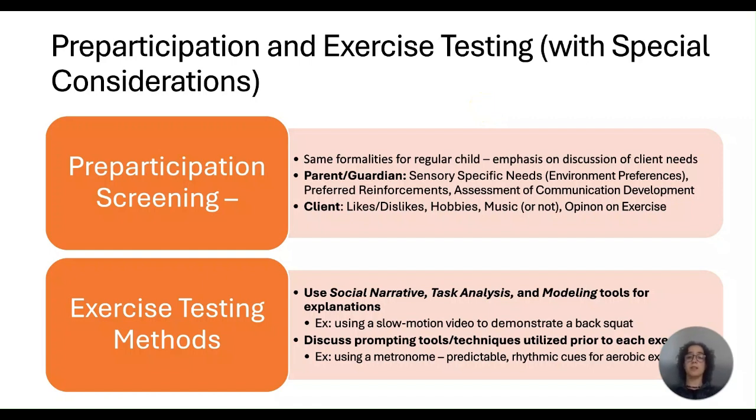So this can include, more specifically, does this child thrive in environments that have lots of sensory input or not? Is music something that the client likes and enjoys, or is it completely a dysregulating input to have?